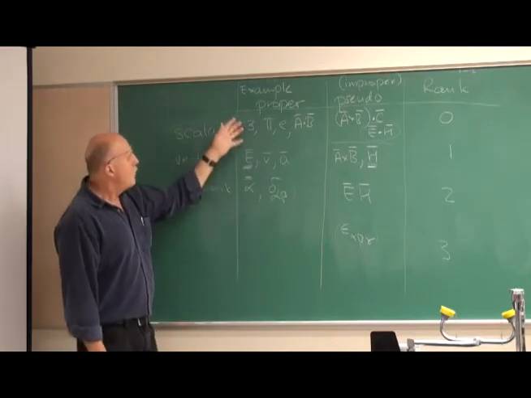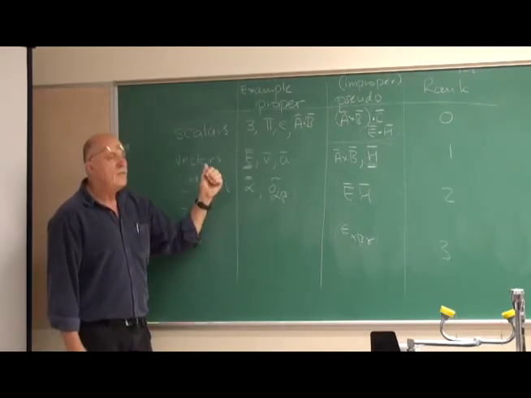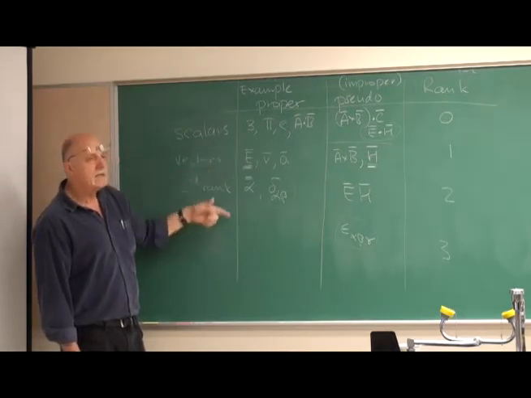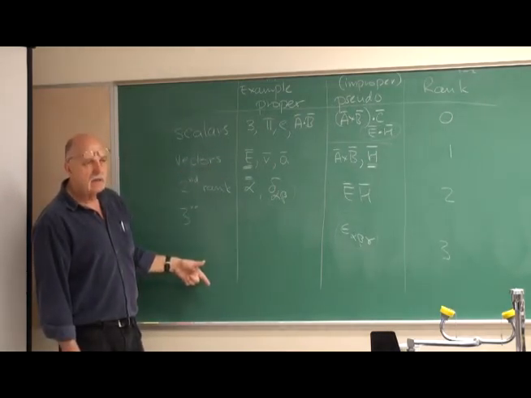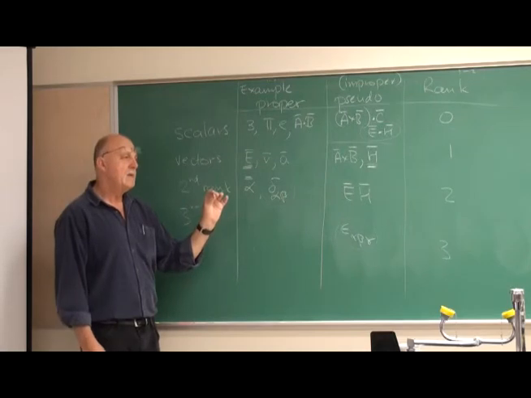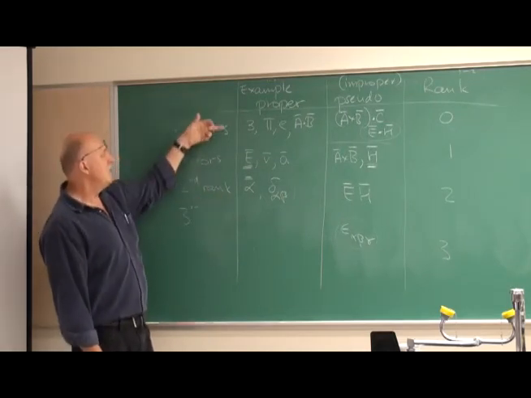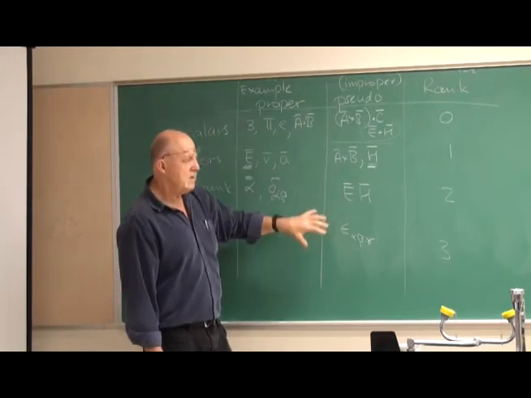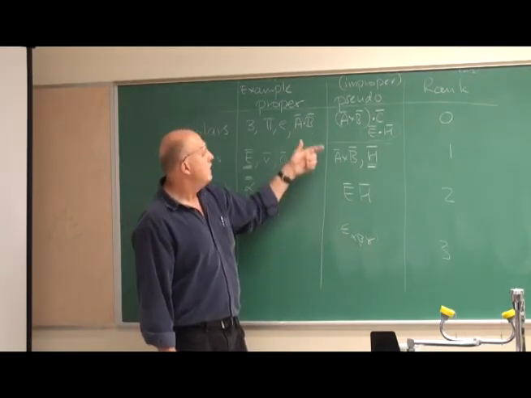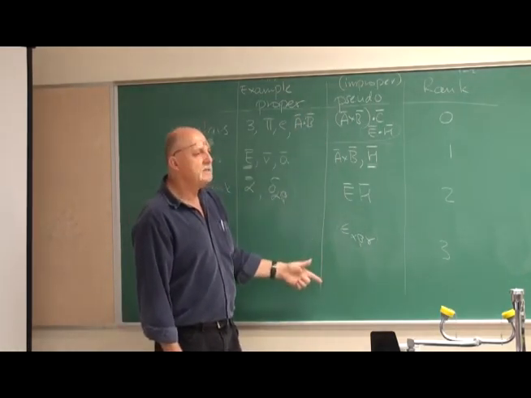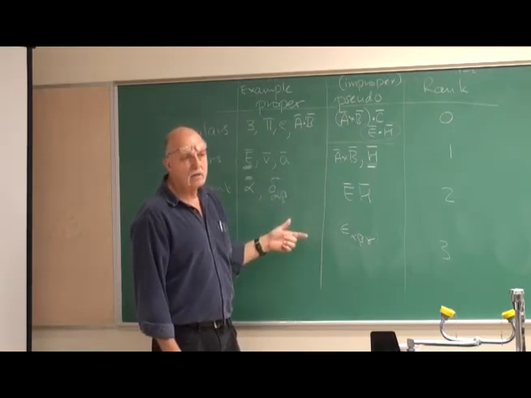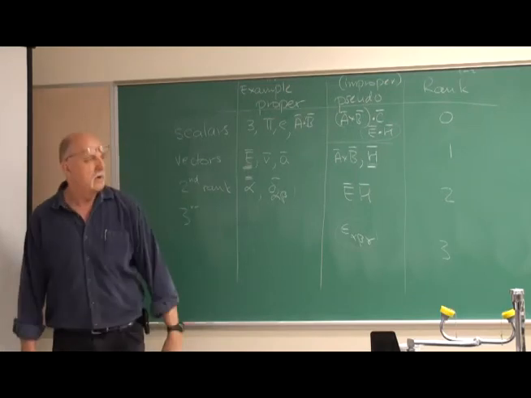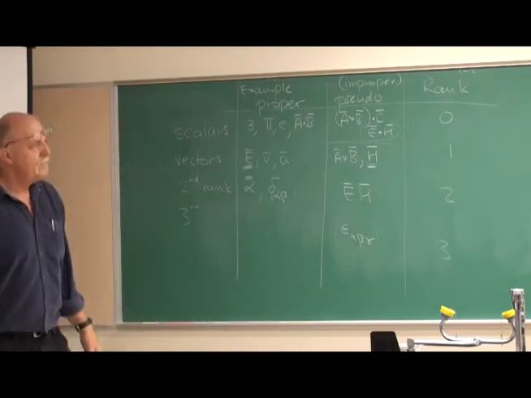So proper tensors change sign when you invert if the rank is odd, as the vector will remind you, but they will not change sign if the rank is even. And the pseudo quantities are just the opposite. The even ranks change sign, and the odd ones do not. Okay? Good. So, good place to quit.